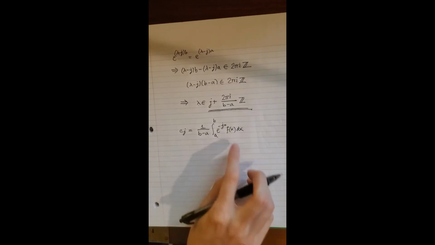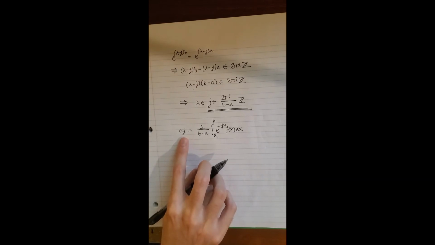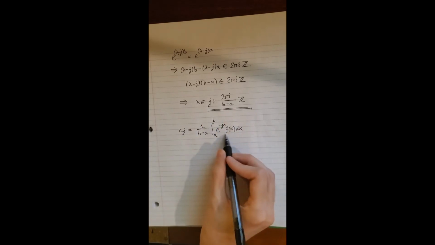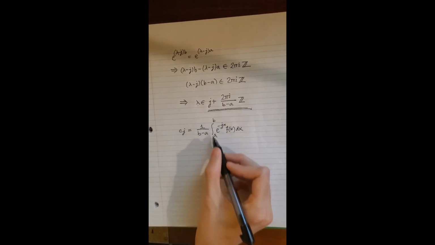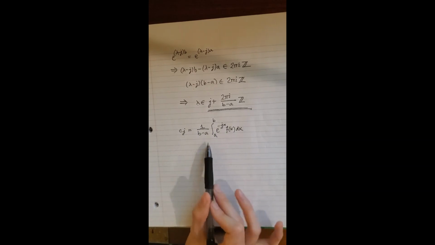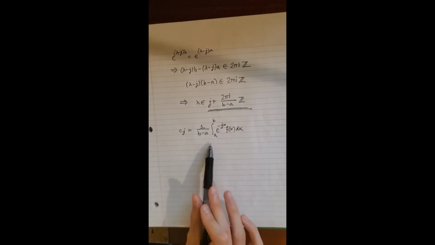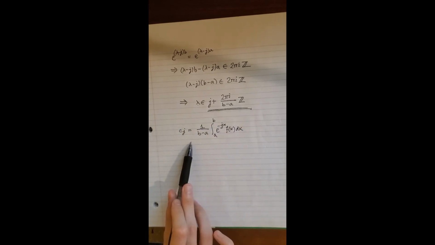And this is true for all j. So we have an equation for the coefficients, and it's just an operation over this function and some contour. It doesn't even matter what b and a are. You can choose any a and b as long as they aren't equal to each other, and this is always true.